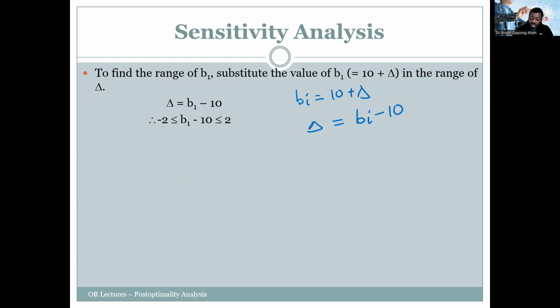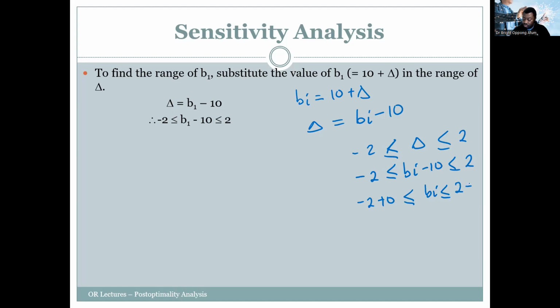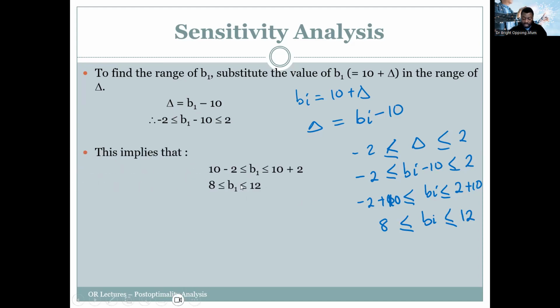When we place our delta into -2 is less than or equal to delta, less than or equal to 2, then it's -2 less than or equal to BI minus 10 less than or equal to 2. So we have -2 plus 10 and 2 plus 10, so we have 8 less than or equal to BI less than or equal to 12.